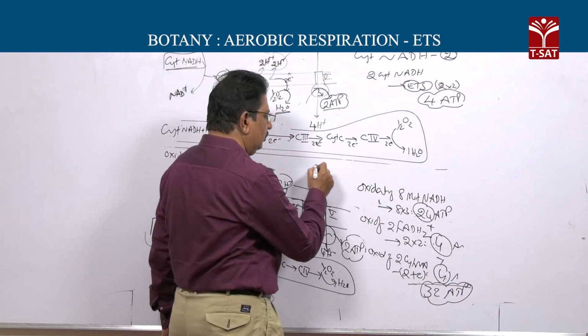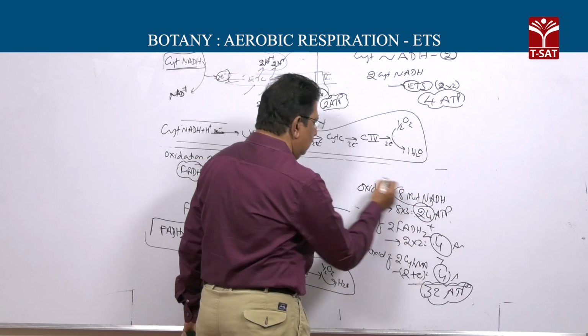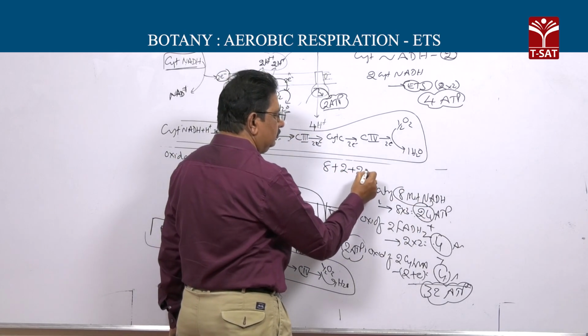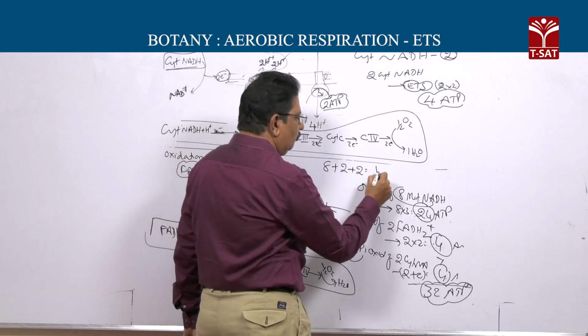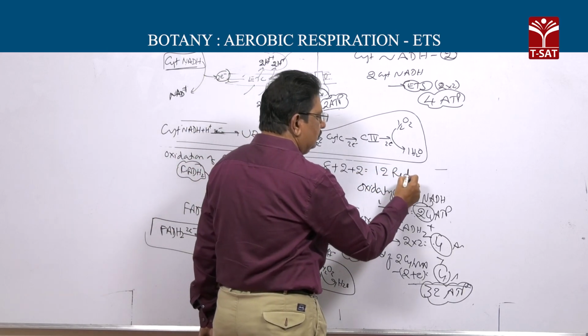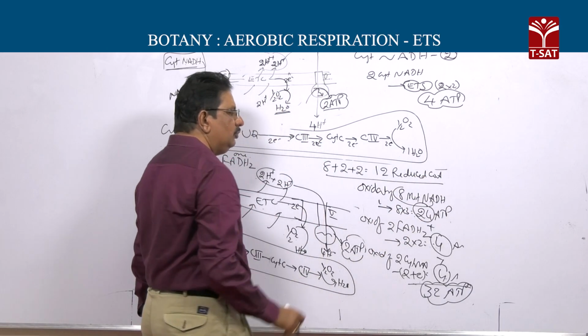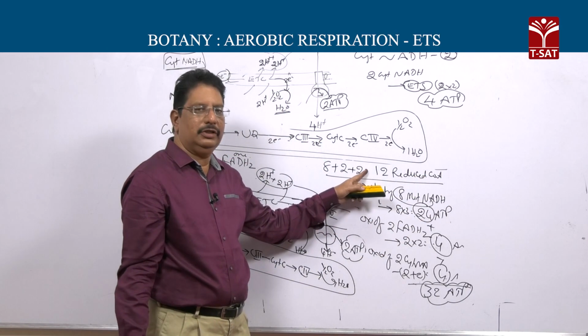And what is the number of reduced coenzymes? 8 plus 2 plus 2. That means 12 reduced coenzymes are formed during aerobic respiration.